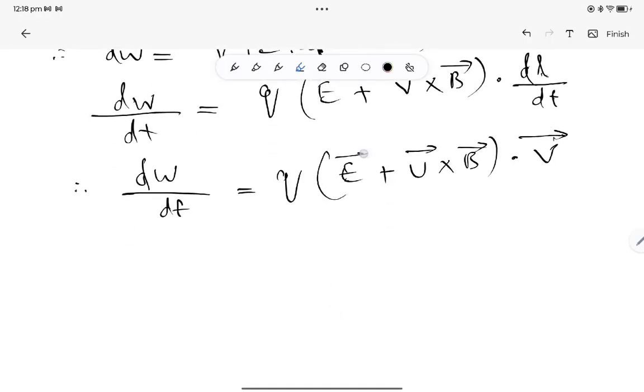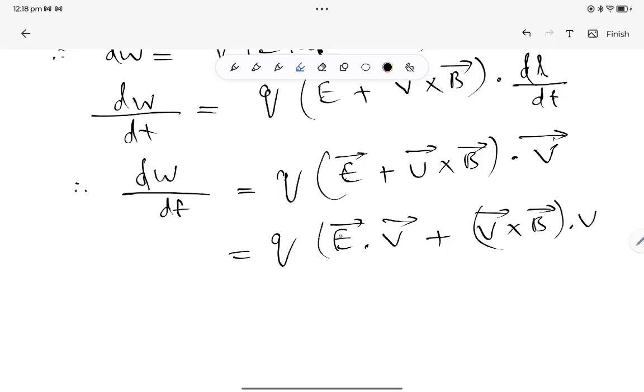Now we can write it as Q E dot V plus Q (V cross B) dot V. Obviously this second term is 0, because V cross B is perpendicular to V, and when you take its dot product with V, the dot product between two perpendicular vectors will give you cos 90 degrees, that is 0.